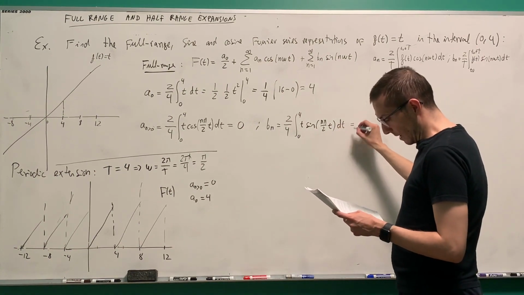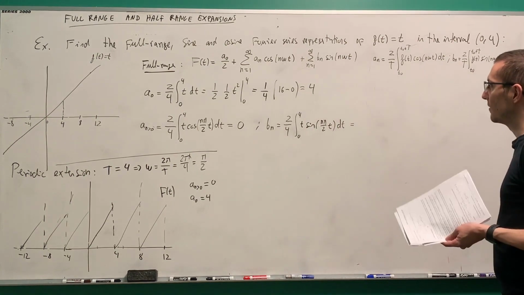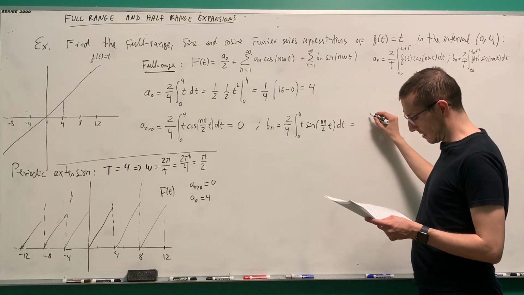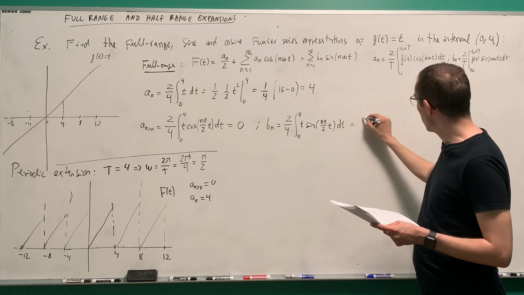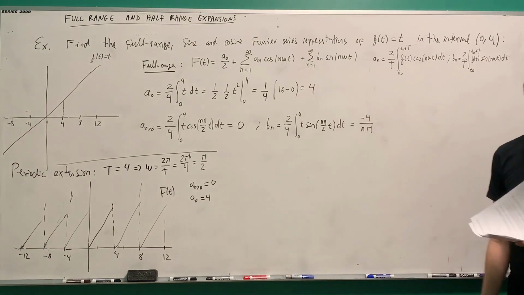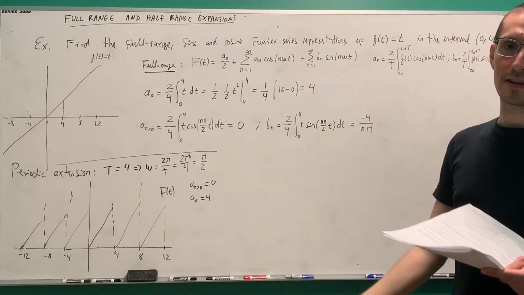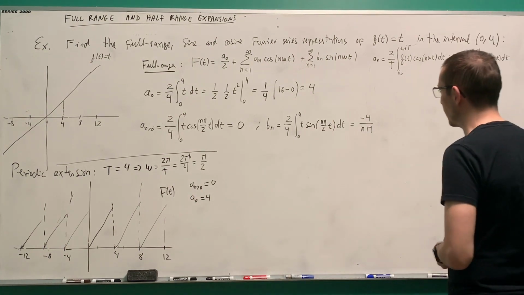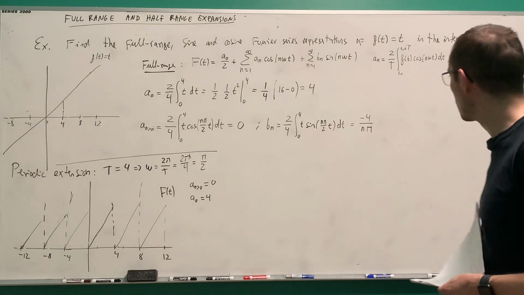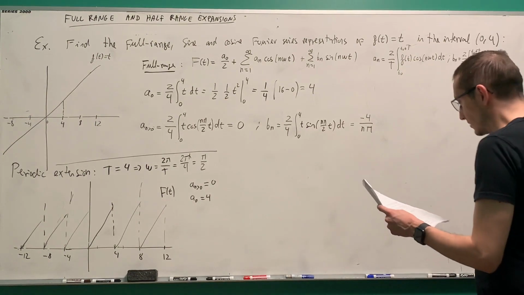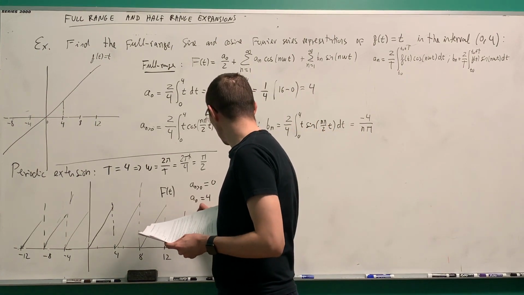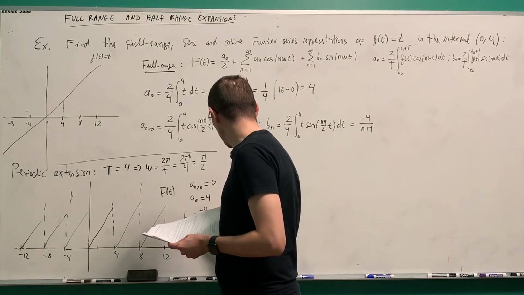So this thing you can do by parts as well, and it's a very simple integral. And what you get is minus 4 over n pi when you do this integral by parts. We'll do plenty of exercises as well later on, so I wouldn't worry too much, but this integral by parts is again something that you should be able to solve. All right, so that means I collect the bn's here. bn is equal to minus 4 divided by n pi.